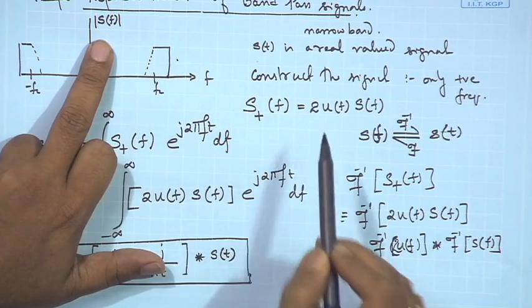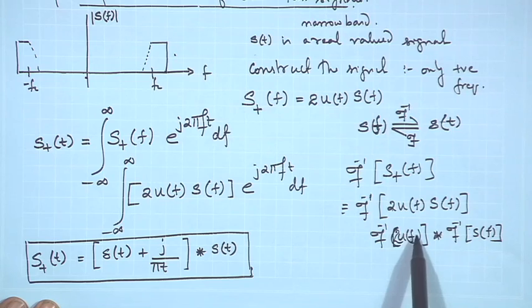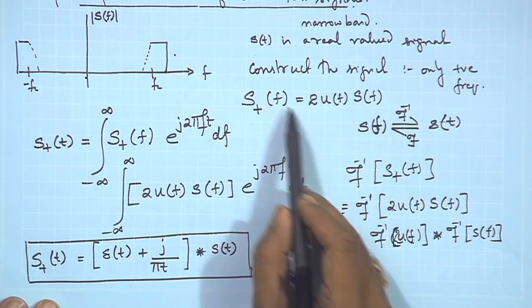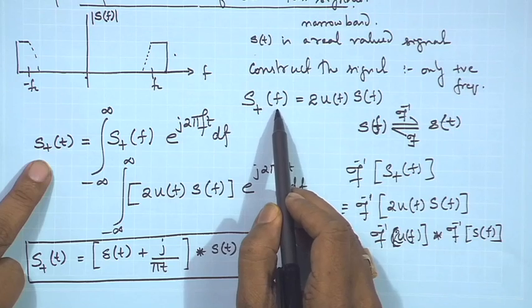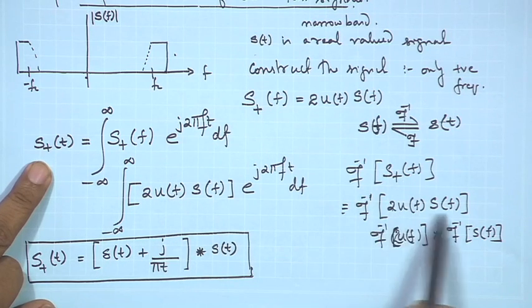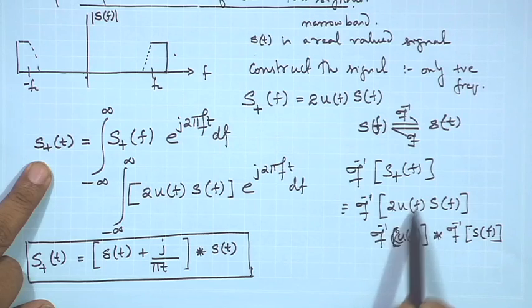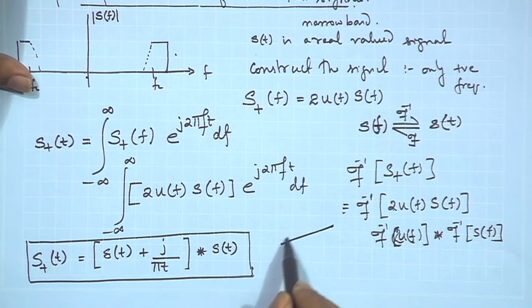So, we need to take twice that to normalize it, and when we derived it, we wanted to take the inverse Fourier of S plus of f, that is what we did over here, but we broke it down into factors. This factor we had derived earlier, this we simply write as S of t, as in here.